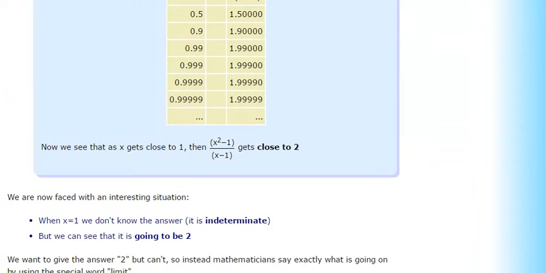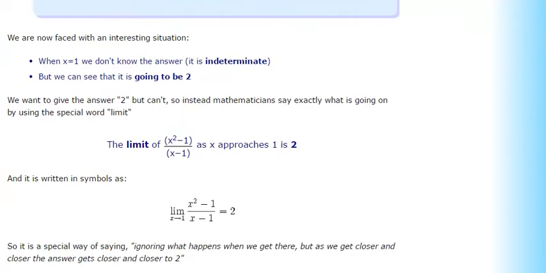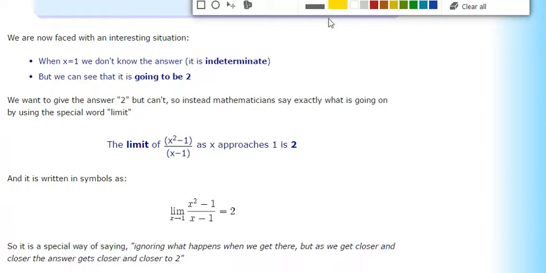Okay. So the symbol we use here is limit x tends to 1 of x square minus 1 divided by x minus 1 equals 2. Now the question is how. You should know that x square minus 1 can be put as a square minus b square, which gives a plus b into a minus b.